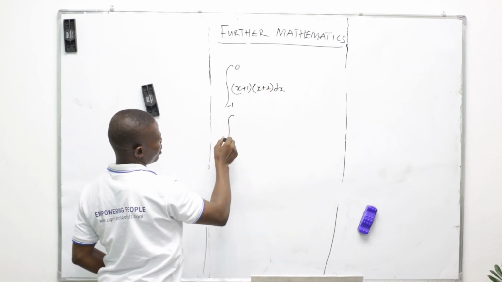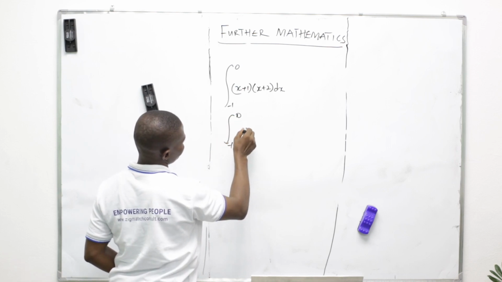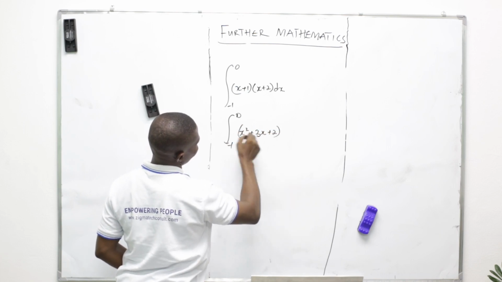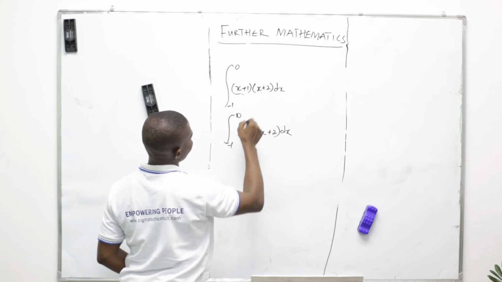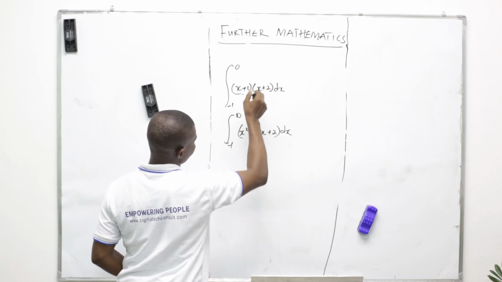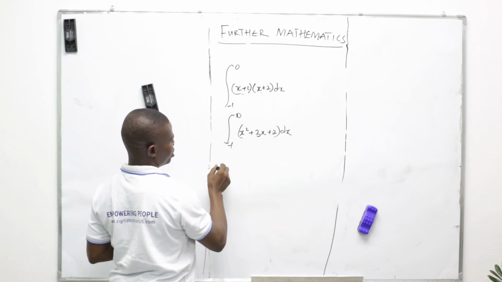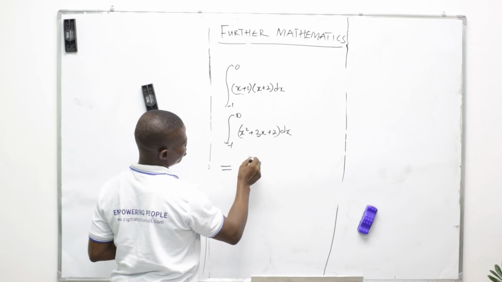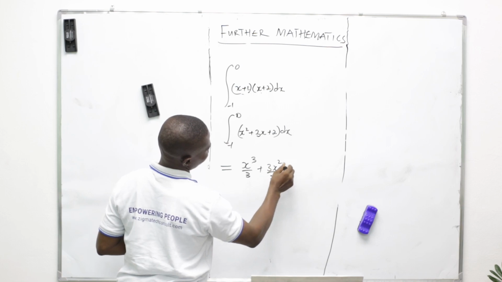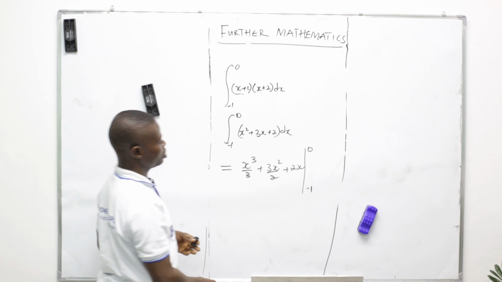So I have to expand this first: x² + 3x + 2 dx. This times this, this times this 2x, this times this x. x plus 2x is 3x. This times this is 2. Integrating this, we are going to have x³/3 + 3x²/2 + 2x, into the range. What is the range? 0 and −1.